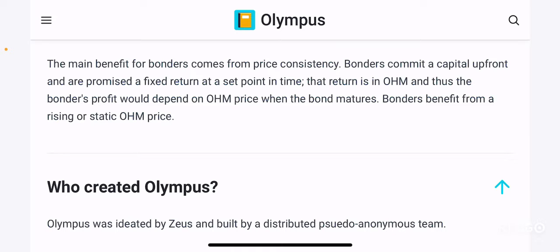Again, if you are bonding your tokens, you will have a slightly different financial incentive, right? So let's say you are bonding $1,000 of Ohm and $1,000 of DAI, and you're providing liquidity, and you're staking the LP tokens. You're basically bonding the LP tokens in Olympus, right?